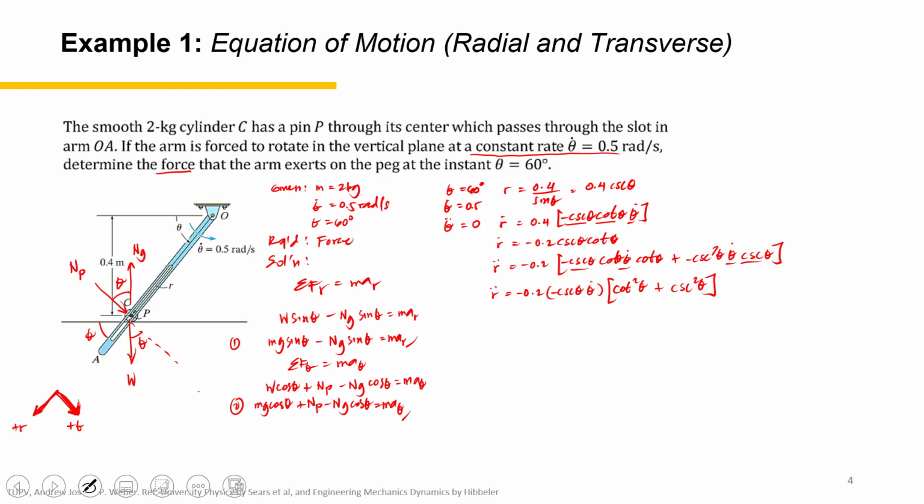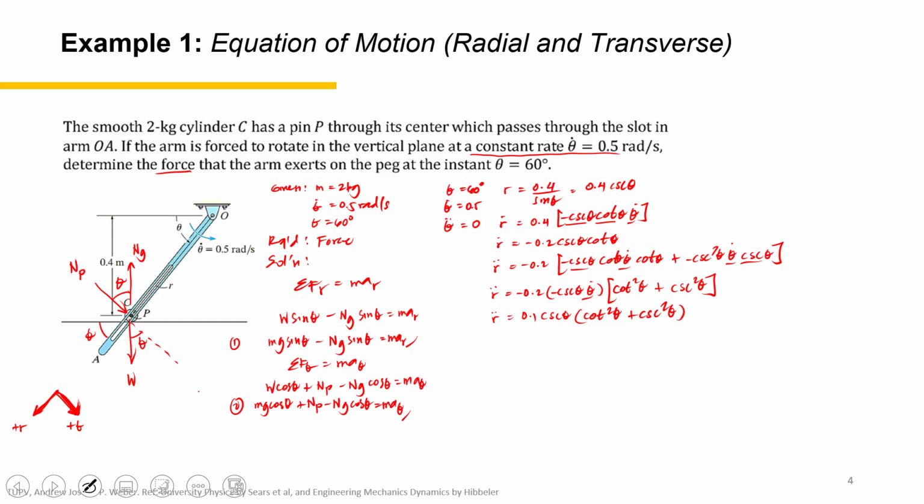Okay, so by simplifying, we have 0.2 times 0.5. That would be plus 0.1 cosecant theta times cotangent squared and cosecant squared.